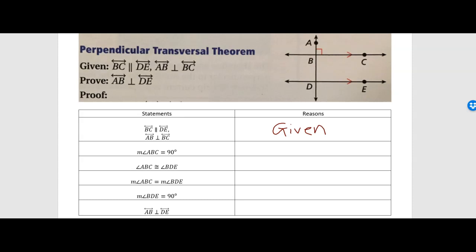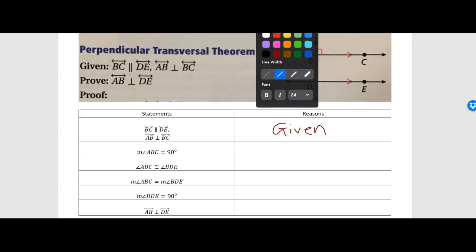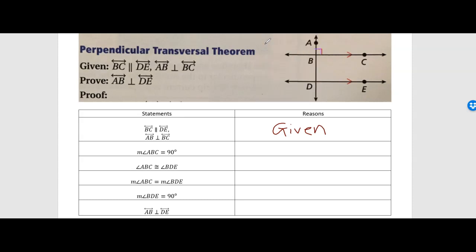Then we're told that the measurement of angle ABC, so that's that angle right up here, is equal to 90 degrees. Well, if we know that AB is perpendicular to BC, perpendicular means that there's a 90-degree angle formed where the two lines intersect. So this would be definition of perpendicular.